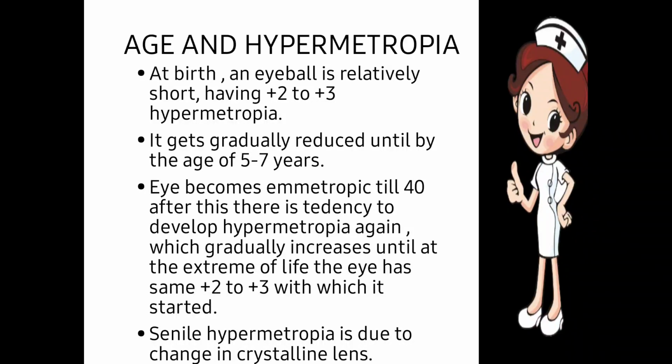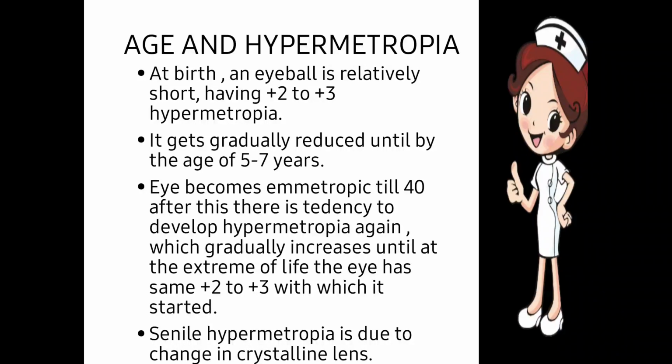Next one, the eye becomes emmetropic. Emmetropic means the eye becomes normal after the age of 7. Gradually it stays normal till the age of 40. After that there is a tendency to develop hypermetropia again. So these patients are known as presbyopic patients after the age of 40, which gradually increases until the extreme of life, and the eye gets the same +2 to +3 power.